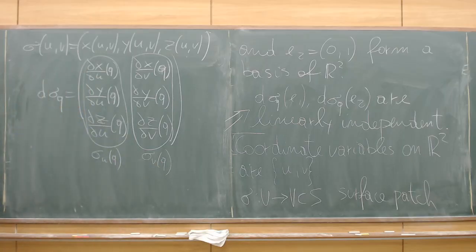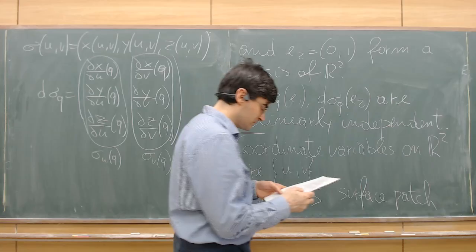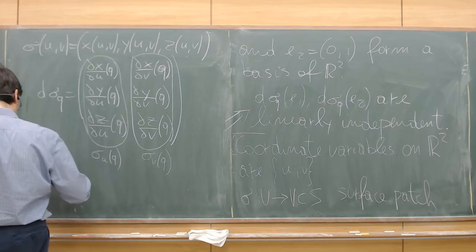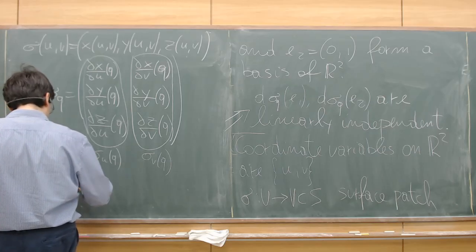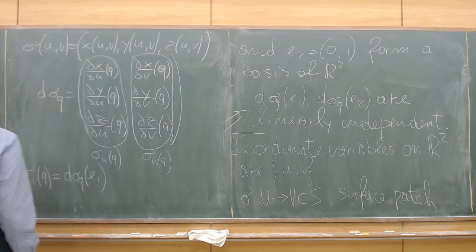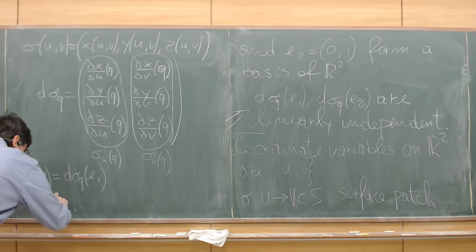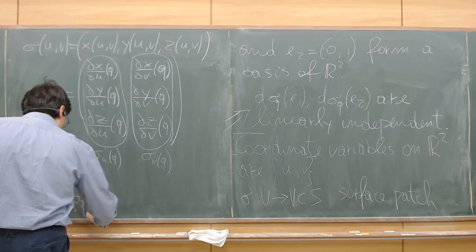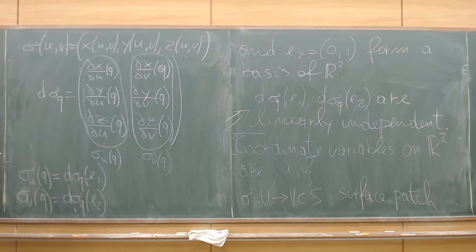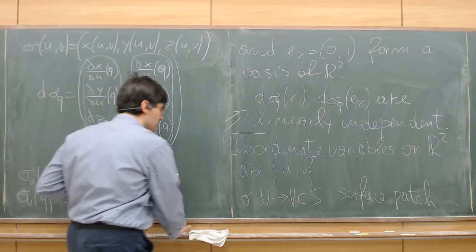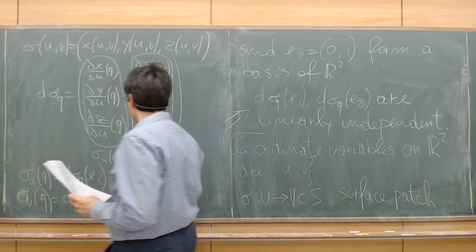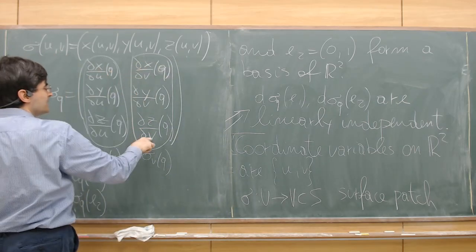And we have seen in one of the previous lectures that sigma u q is exactly the directional derivative d sigma q e1, and the partial derivative of sigma with respect to v is the directional derivative d sigma q e2, and we know from what we observed before that these two vectors are linearly independent.